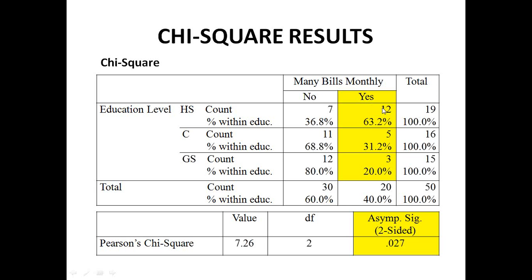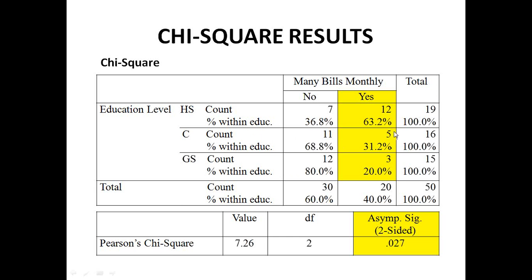How many do? 12 people, which is 63.2%, and that's 100%, and that's 19 people. So that's how those 19 people are distributed by those two categories. So about 2/3 of the people at the high school level have many bills monthly.